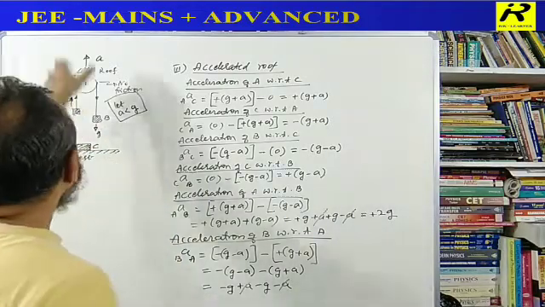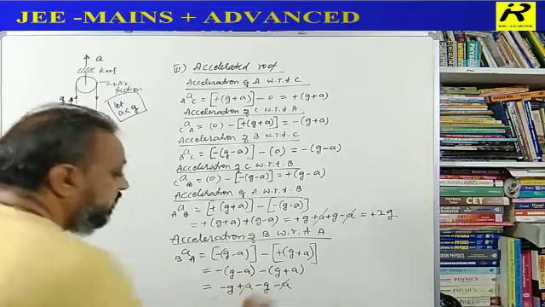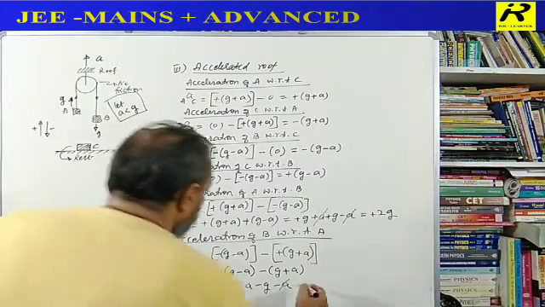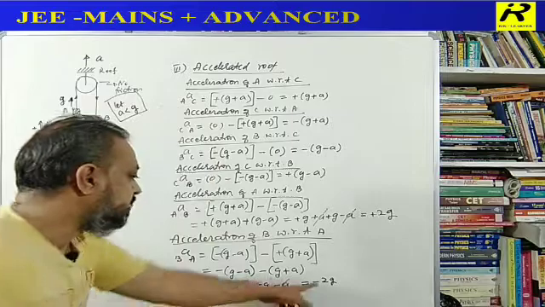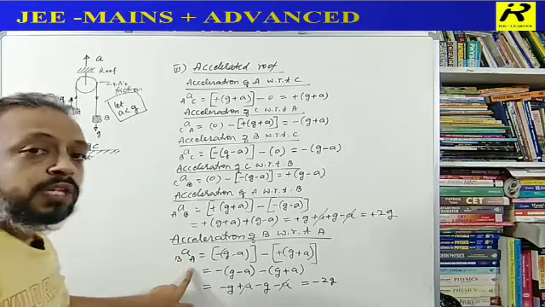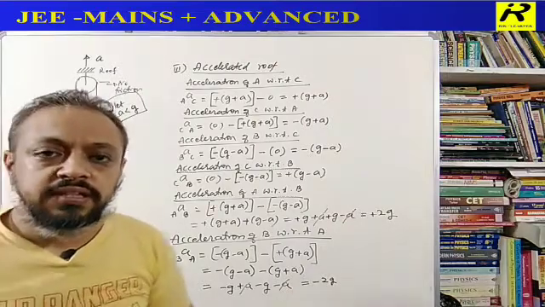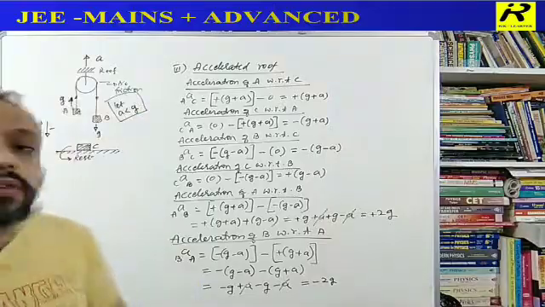If two systems are accelerated simultaneously in the same direction, there is no need of considering the term a for your further calculations. So this is equal to minus 2g. This is the acceleration of B with respect to A, and that's all about the basic relative motion and acceleration in such kinds of cases.